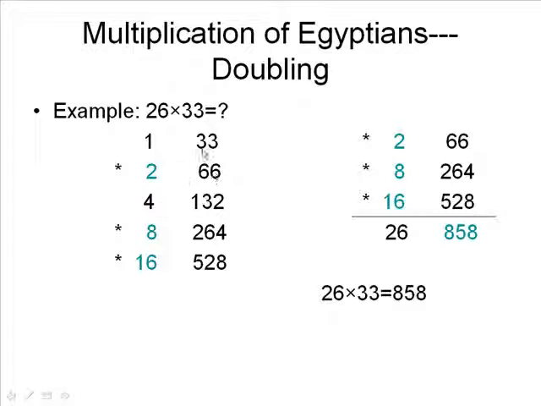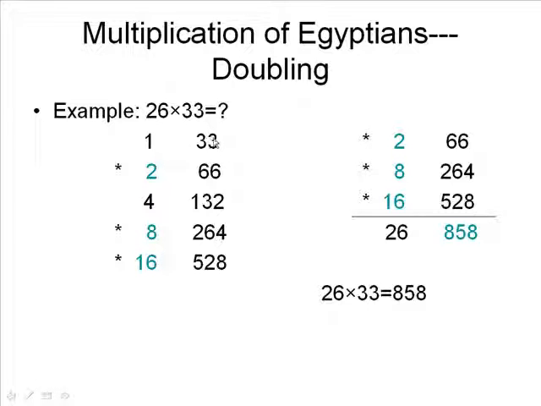In order to find 4 33s, we can add 33 four times, but we can also add 66 and 66 to get 4 33s. And similarly, we add 132 and 132 to get 8 33s, and 264 and 264 to get 16 33s.